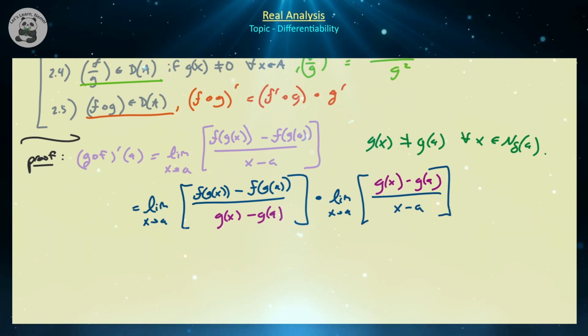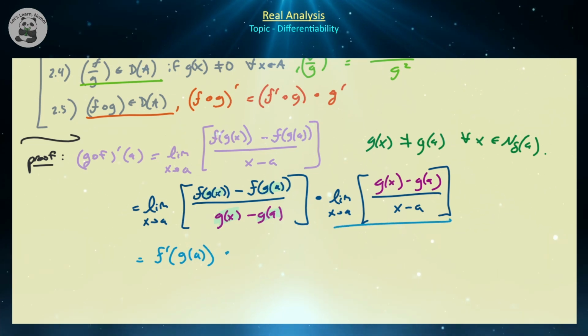So over here, if you notice that g of x is a variable and g of a is a variable too, this is just the derivative of f with respect to that variable. So this is just going to be equal to f prime of g of a. And then over here, that's just the definition of g prime of a. So that's going to be g prime of a, and that is the proof of the chain rule.